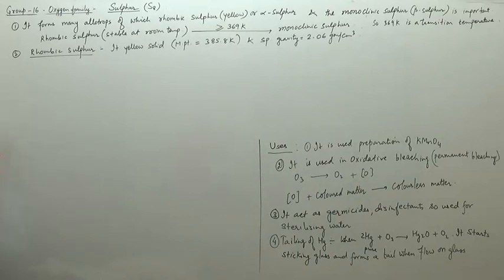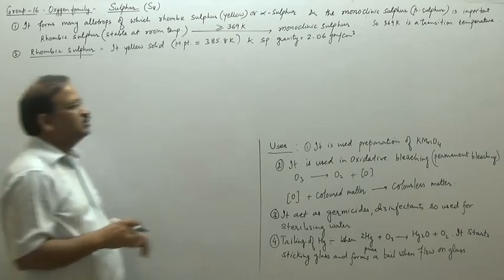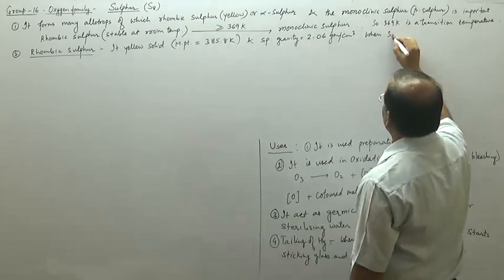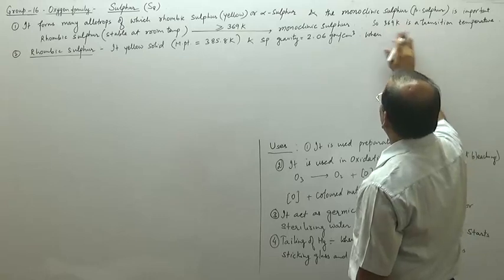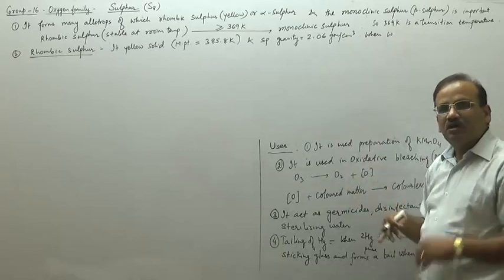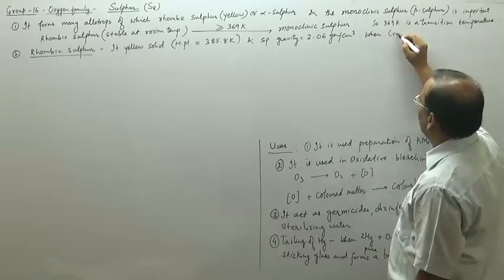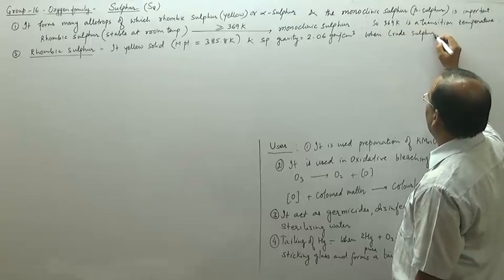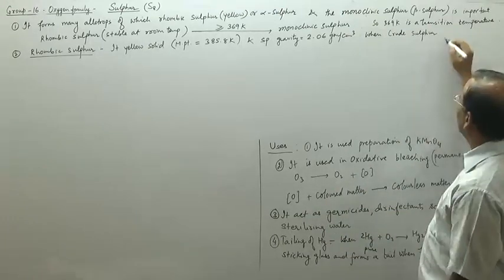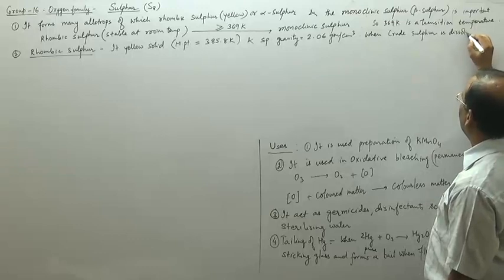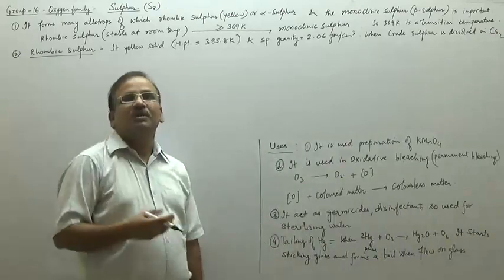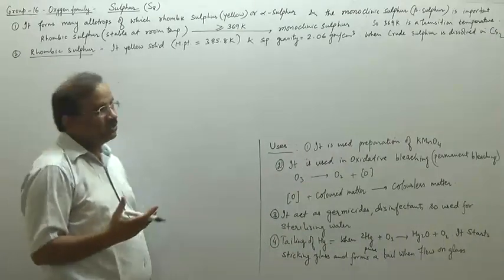The rhombic sulfur is obtained when sulfur, that is S8, is dissolved in carbon disulfide; then on evaporation we get the crystals of sulfur, that is called the rhombic sulfur.